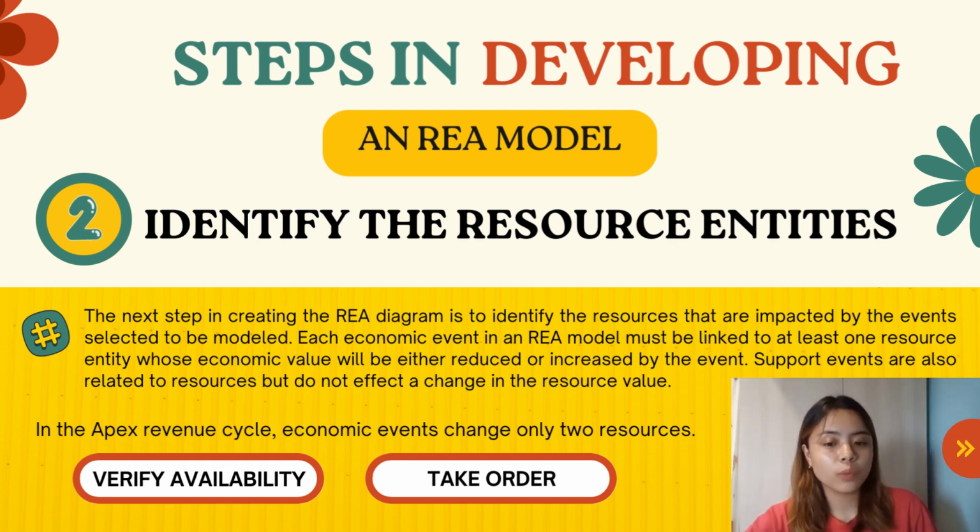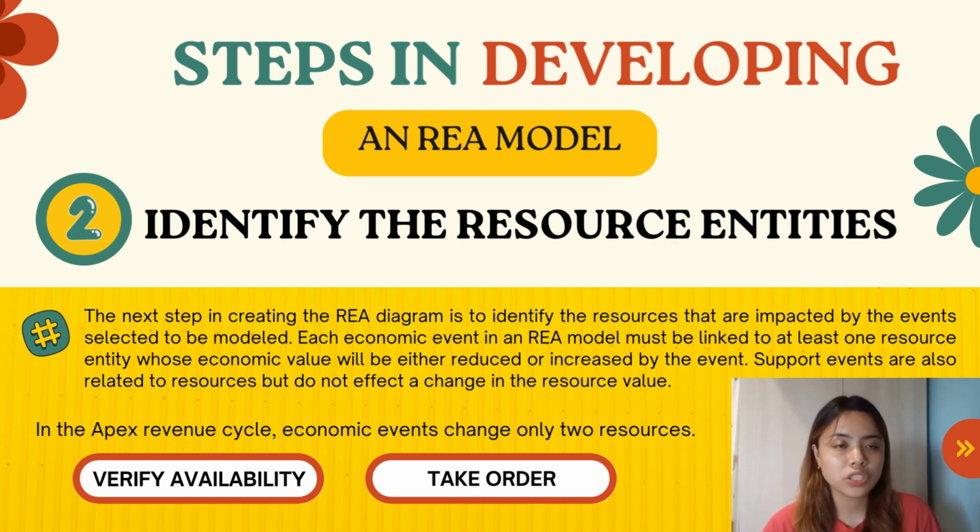Now let's move on with Apex revenue cycle and resource impact. Within the revenue cycle of Apex company, economic events lead to changes in two primary resources. First is ship product. This event results in a reduction of the inventory resource as a physical product is given to the consumer. Second is receive cash.